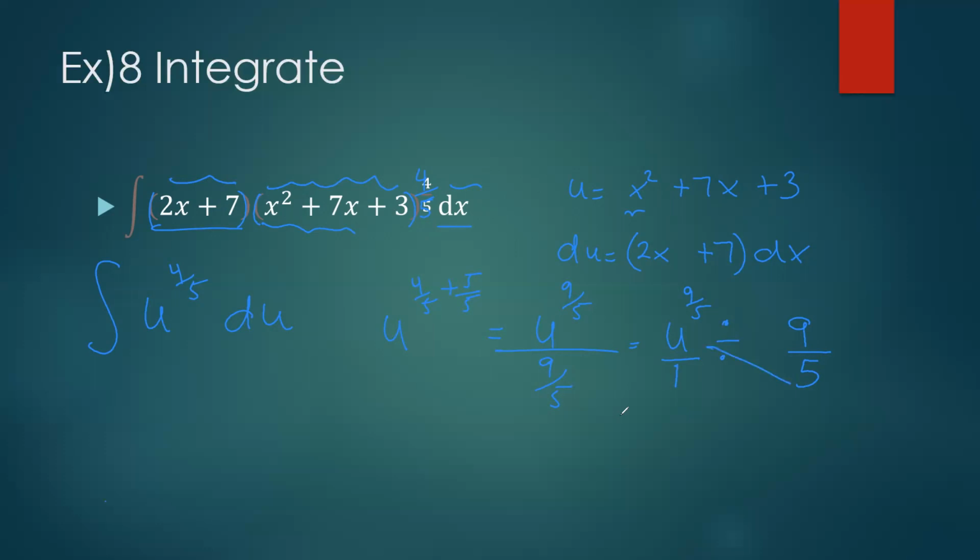That would be 5u to the 9/5 over 1 times 9, which is 9. So your final answer is 5/9 times u, which we said is x squared plus 7x plus 3, to the 9/5, plus c.